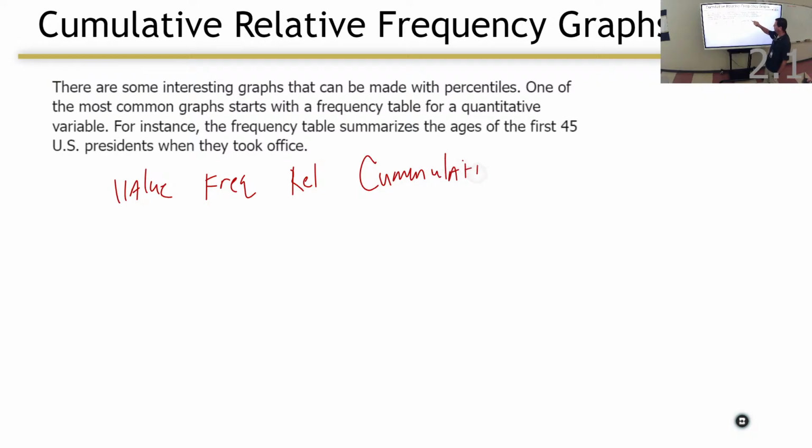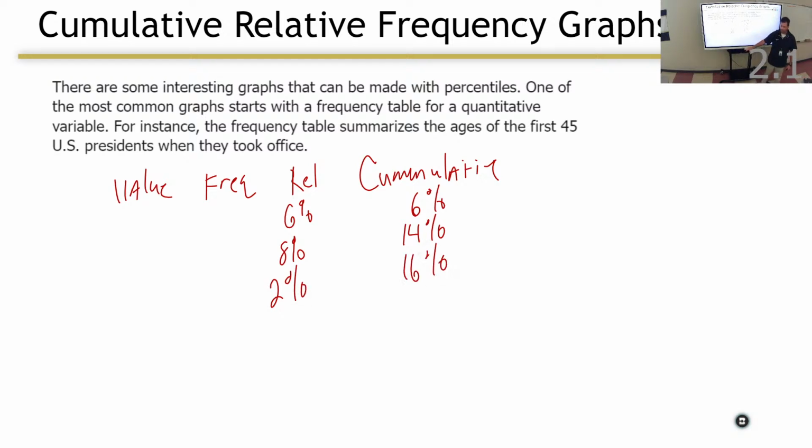relative frequency. It's going to take, so let's just say that this is 6%, and this is 8%. Well, over here it's going to go 6%, 14%. It's going to take the previous one and add it to it. And if the next one is 2 more percent, then we'll be at 16%.